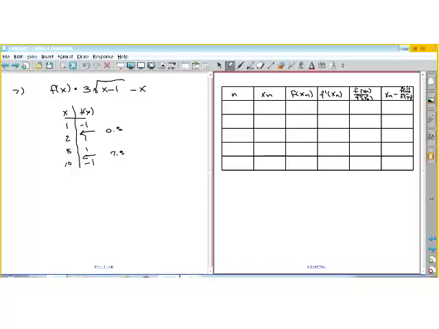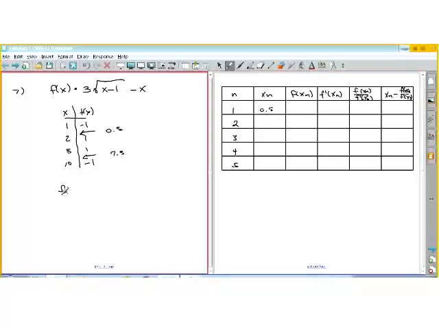Okay, it's kind of small, but you know what I'm doing. 1, 2, 3, 4, 5. So we're going to start off with 0.5. And we need to find the derivative of this thing.